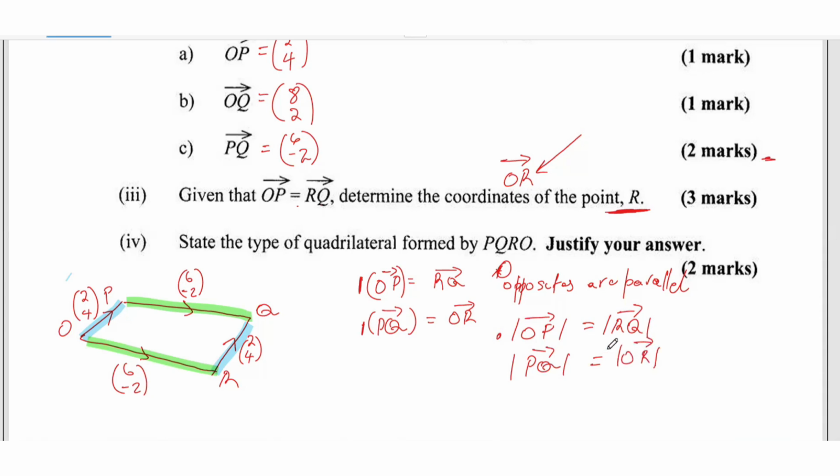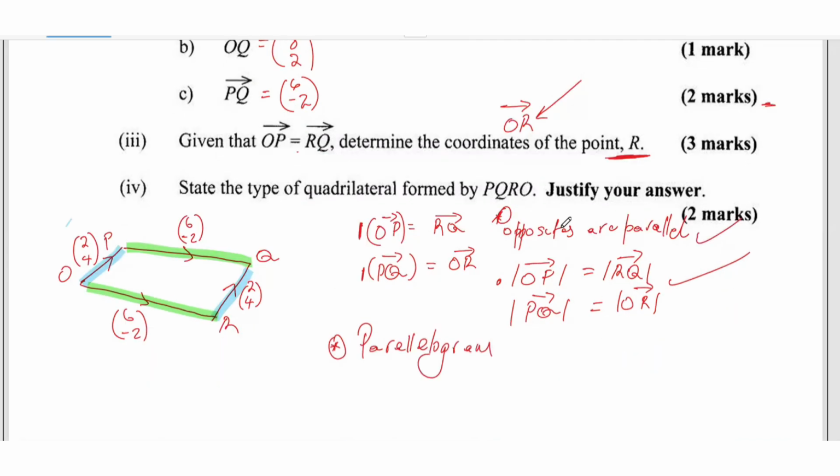Opposite sides are equal and parallel. This, my friend, is a parallelogram. So with a parallelogram, opposite sides are parallel and they're equal in terms of size. And that is what you would have done to collect those marks with your justification.